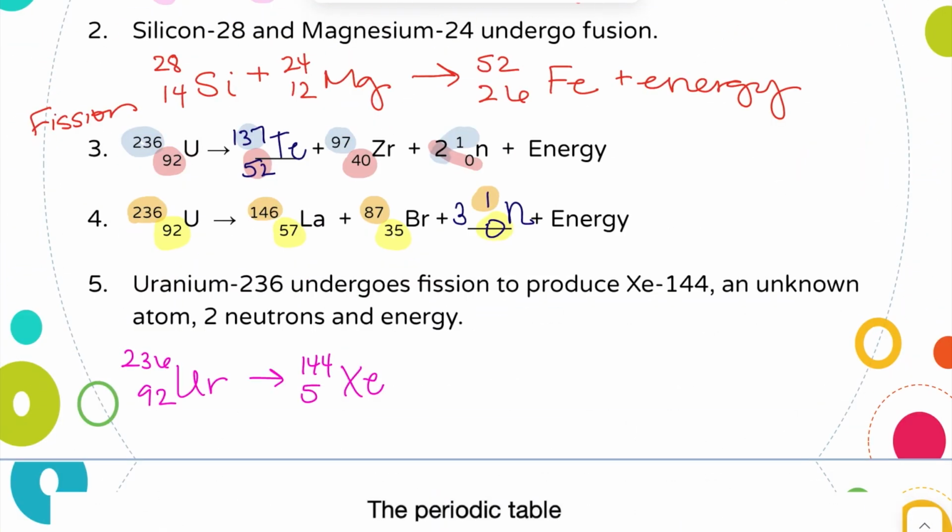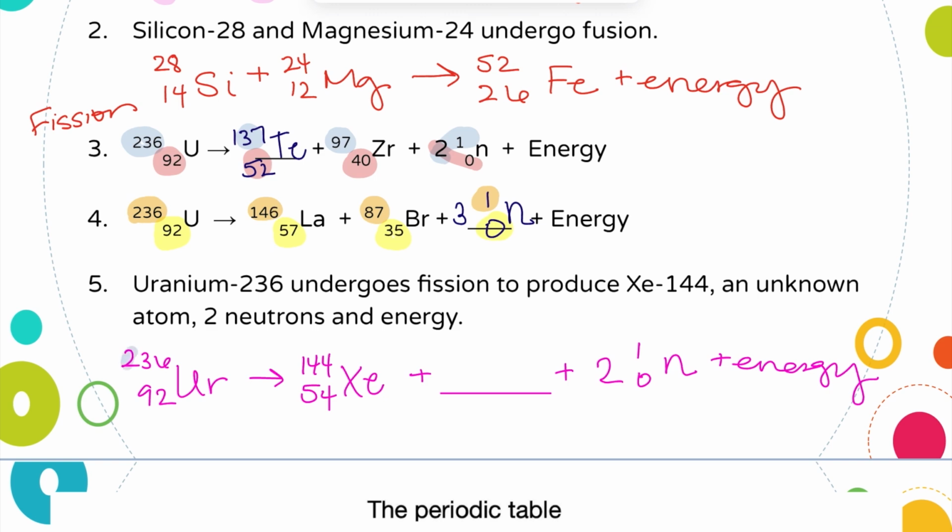So I'm going to fill that in for my protons. An unknown atom, I don't know what that is. 2 neutrons, so 2, and then we write a neutron as having that mass of 1, 0 protons, and then a lowercase n, not uppercase because uppercase is nitrogen, and energy. And now we have that base reaction like we have up here, that skeleton where we can fill in what we need.